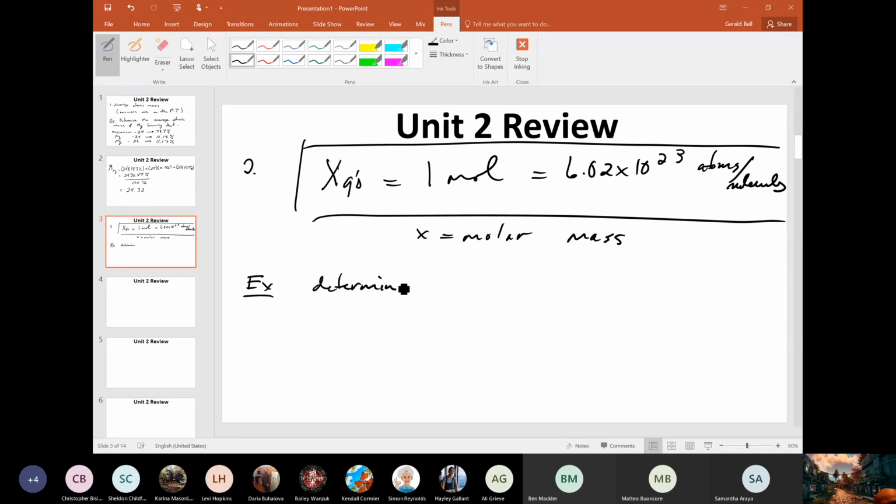Let's determine the number of molecules of NaCl in, I don't know, 4.8 moles.